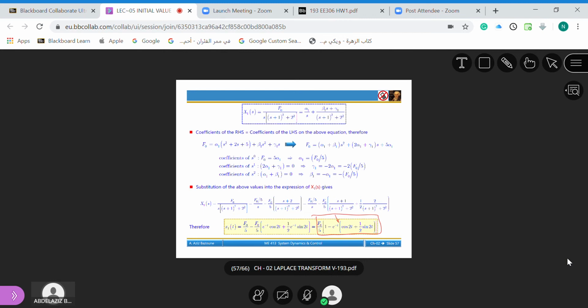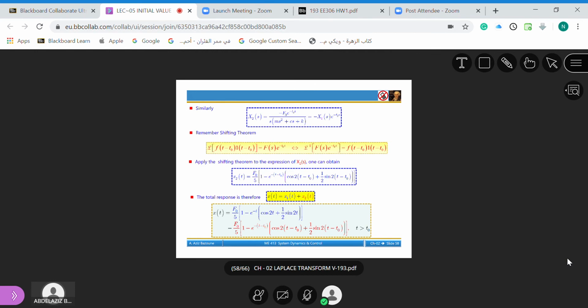This is the expression of x1. So x2 will be f naught over 5 exponential minus t minus t0 cosine 2 t minus t0 plus half sine 2 t minus t0. Then here, since it is multiplied by this, you have to change every t by t minus t0. And this is what we did.